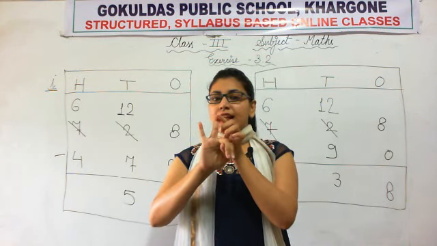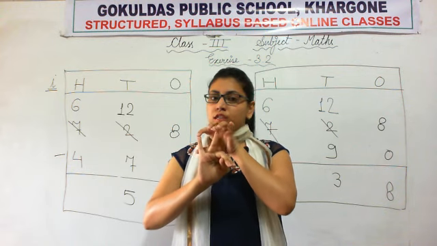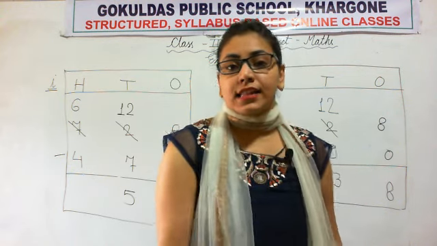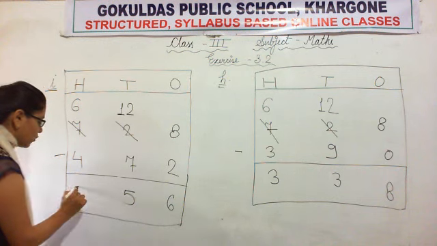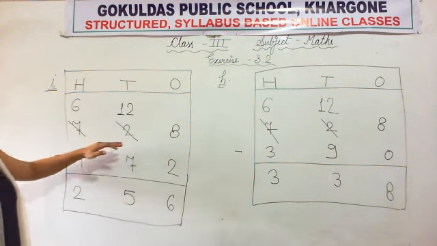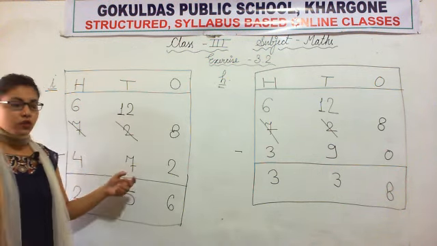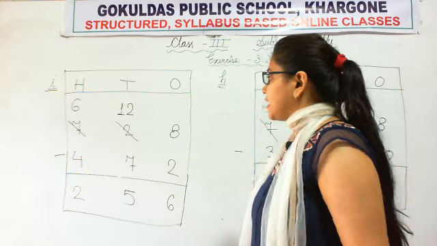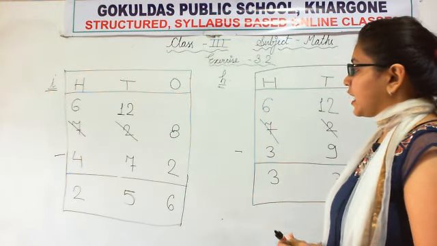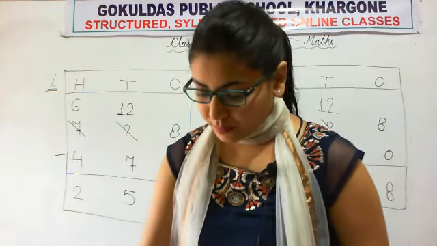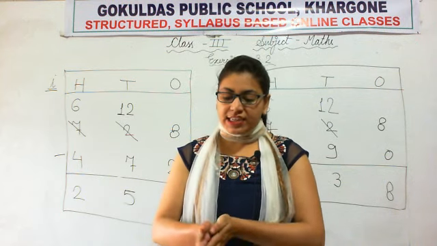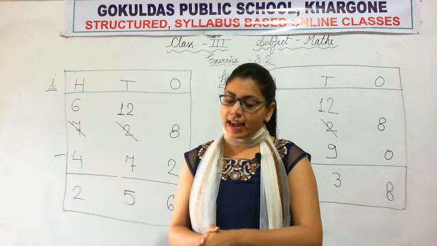Now how many fingers are left? 1 and 2. These 2 fingers are left, so the answer is the number 2. So 728 minus 472 is equal to 256. So our answer is 256.